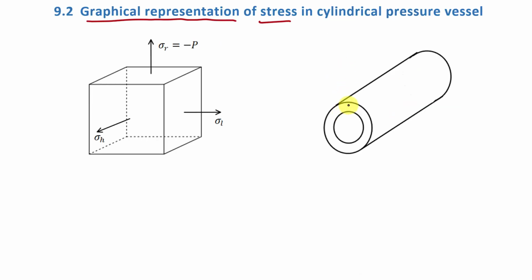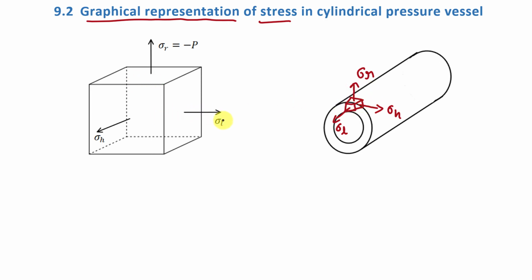Now let's say we take a small point or small cube from the surface of this body like this. There will be longitudinal stress in this direction, that is sigma L. There will be circumferential stress in this direction, sigma H, and there will be radial stress in this direction, that is sigma R. This is the state of stress shown here on this cube.